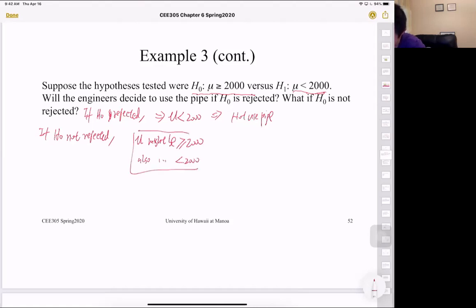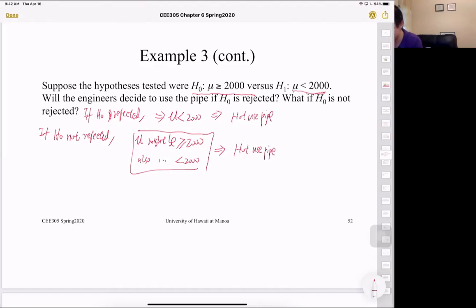Remember, we can never conclude H0 is true. So what is the conclusion here? We are not sure enough the mean value is larger than 2000, so we cannot use the pipe also.